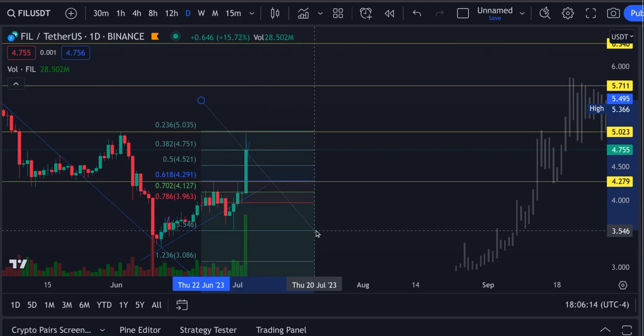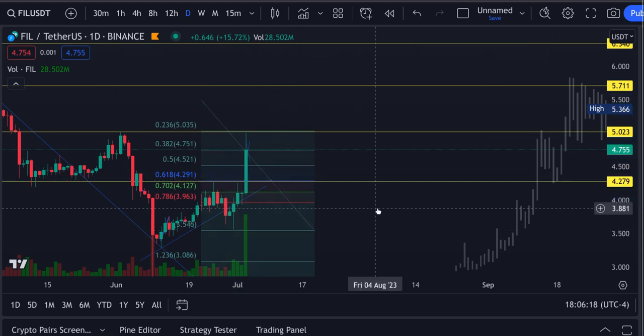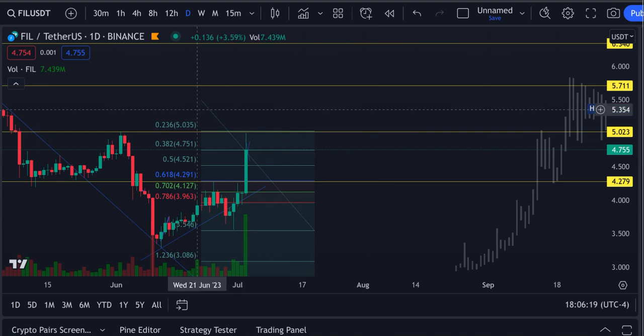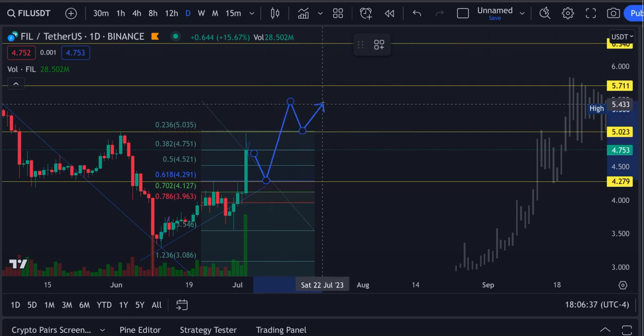A 618, the golden zone, is right on this line here, former resistance that we busted through. So believe it or not, in my personal opinion, I see this thing coming back down to roughly $4.29, somewhere right around there, and then we get the bounce up out of here. That's what I'm seeing here. So we'll see what happens.